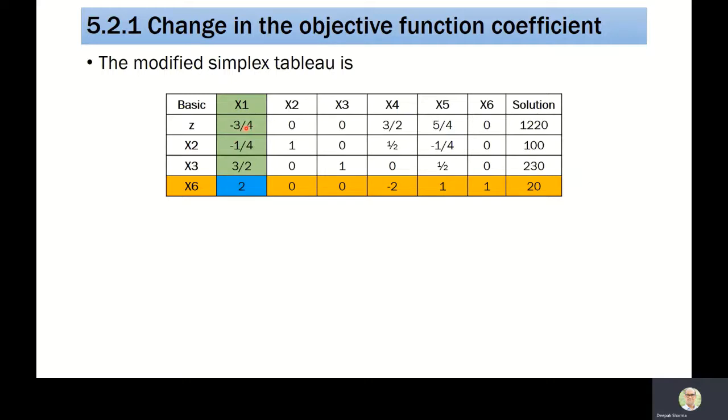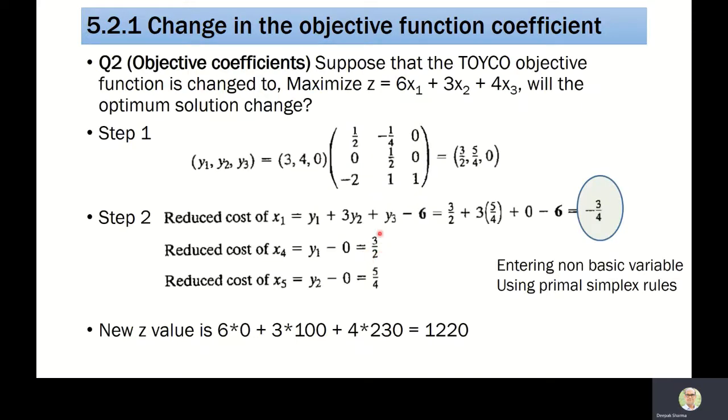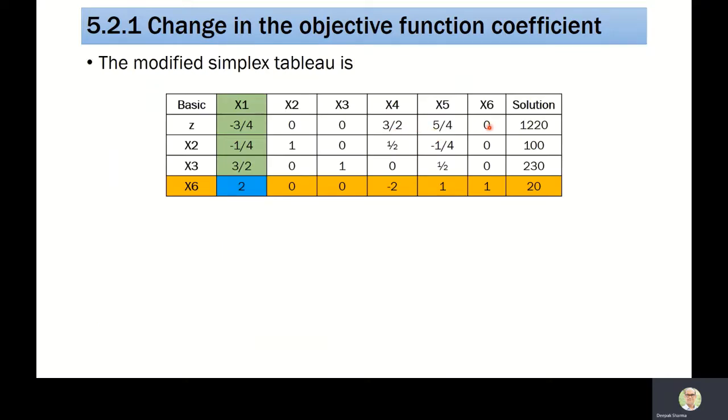So we have written minus 3 by 4. x2 is a basic variable, it is 0. x3 is also a basic variable, it is 0. 3 by 2 we get from the previous slide. For x4 and x5, 3 by 2 and 5 by 4 we have written. x6, since it is basic, it is 0, and then 1220. What you can find is we have identified the reduced cost, and the rest of the coefficients will remain the same. So we only have to deal with the Z coefficients when we are changing the objective function coefficients.